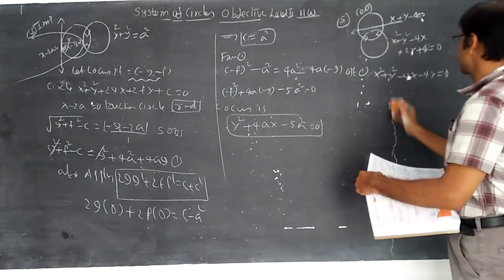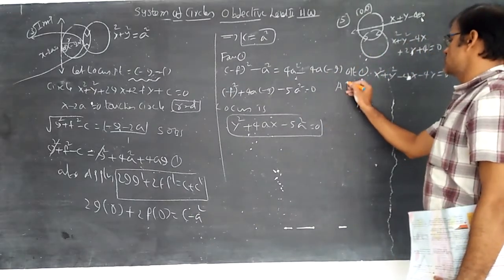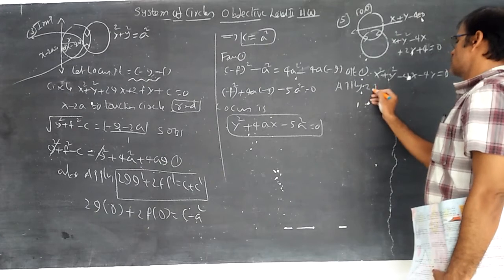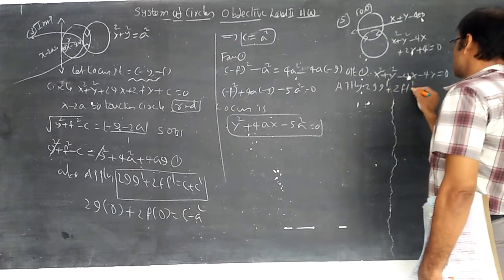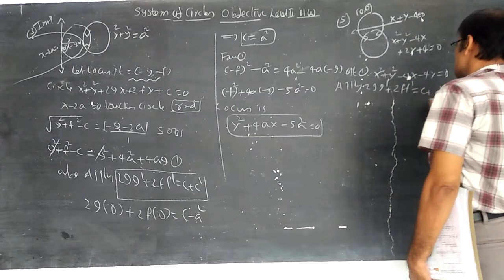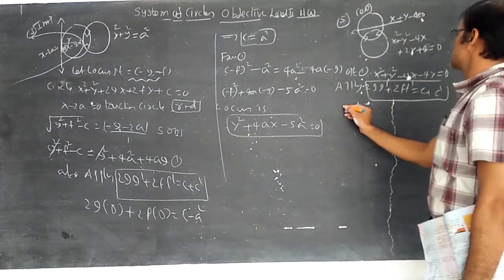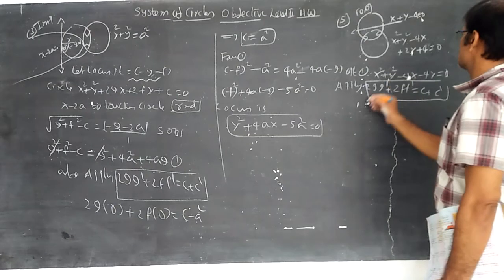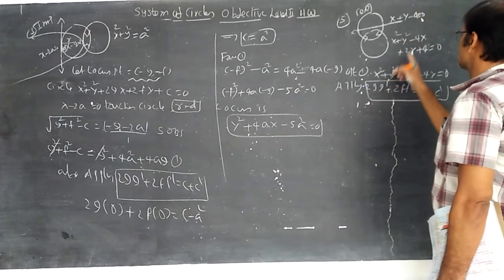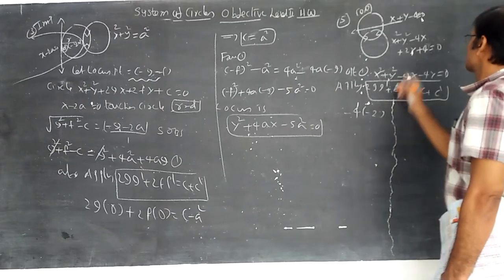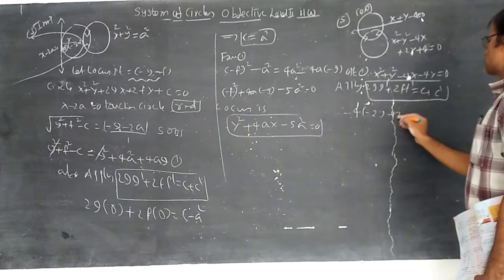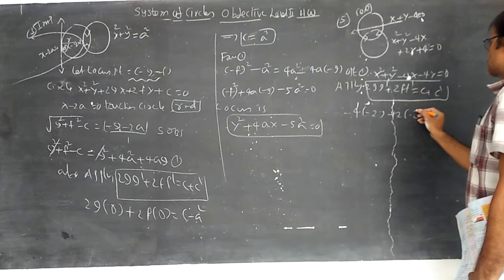So let us apply 2g g dash plus 2f f dash equal to c plus c dash. For this circle, 2g means minus 4 into minus 2, and 2f means plus 2 into minus 2.